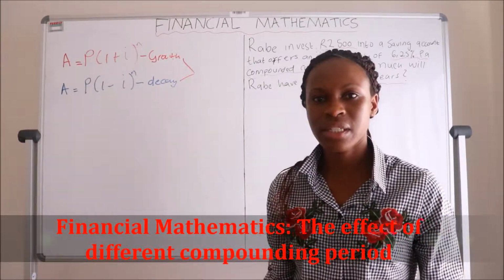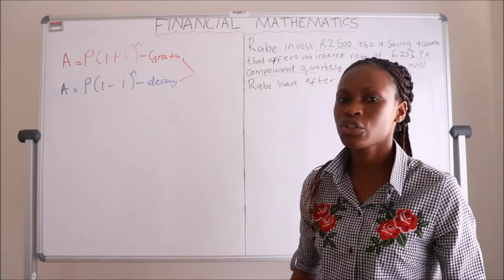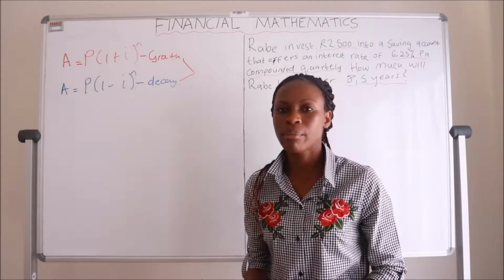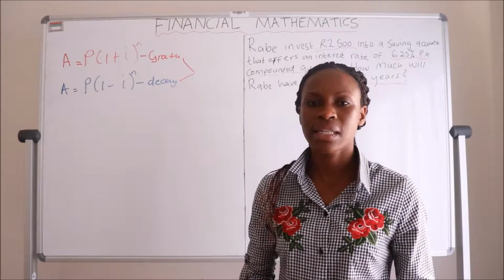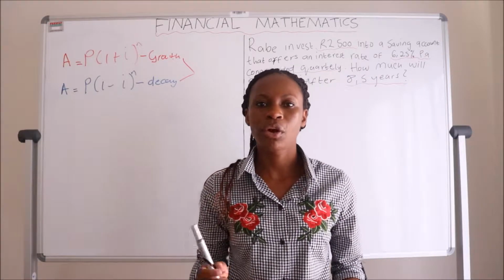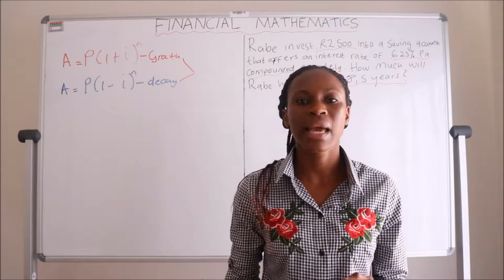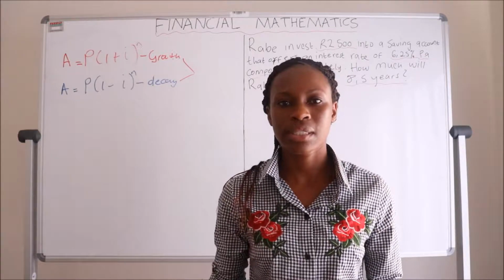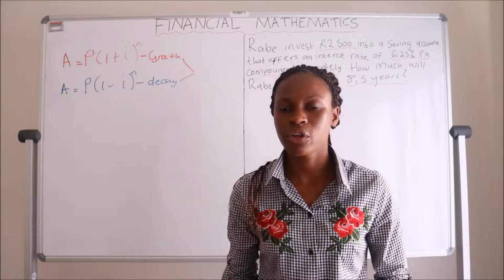In the first lesson, when I introduced the effect of different compounding periods, I told you that the interest rate can be compounded daily, weekly, monthly, quarterly, semi-annually, and annually.